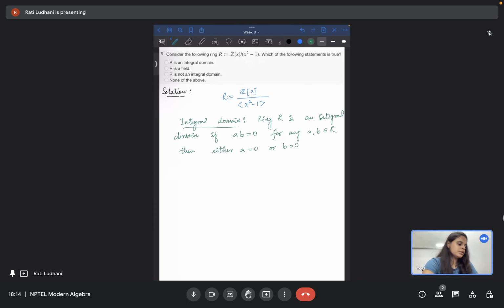So it is not possible that two non-zero elements of the ring multiply to give the value 0. So that is an integral domain.